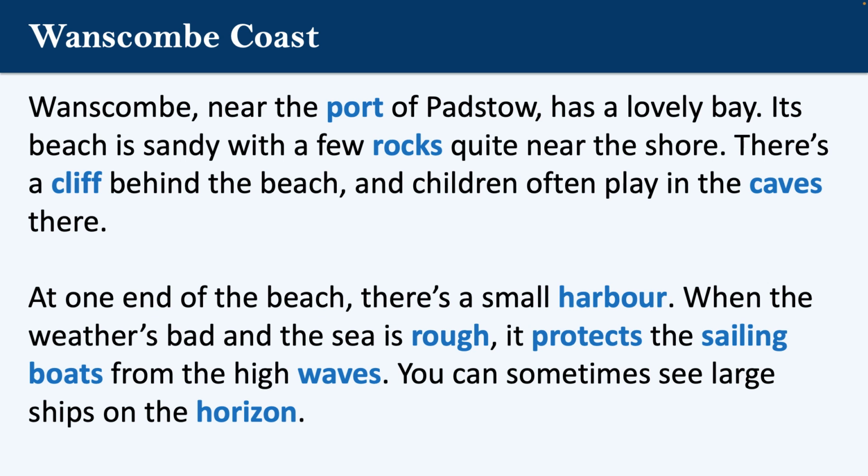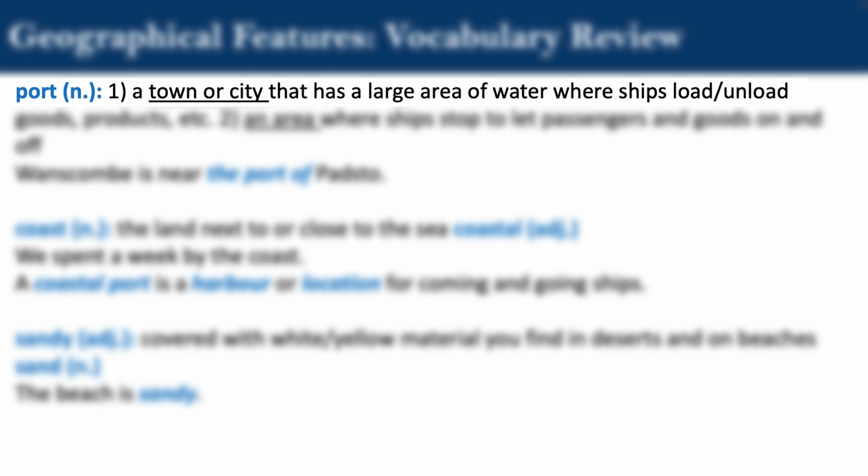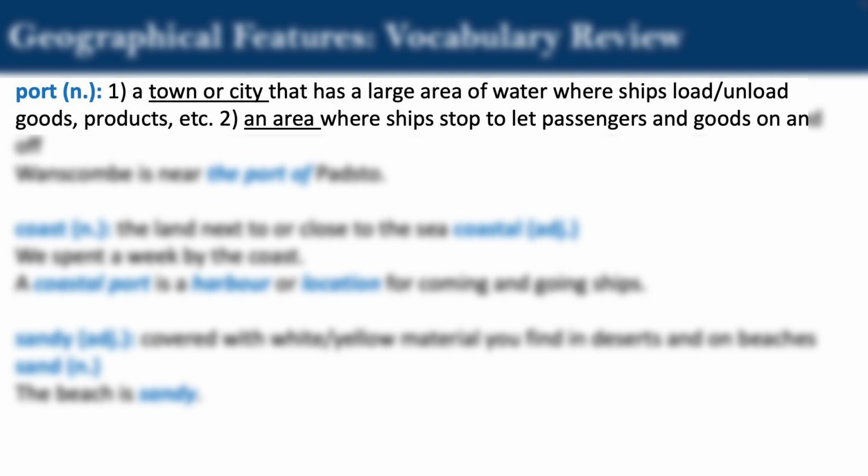And now let's learn these words. First is port. Port has two meanings. One is a port can be a town or city that has a large area of water where ships load or unload goods, products, etc. The second meaning is a port can be an area, not a town, where ships stop to let passengers and goods on and off.